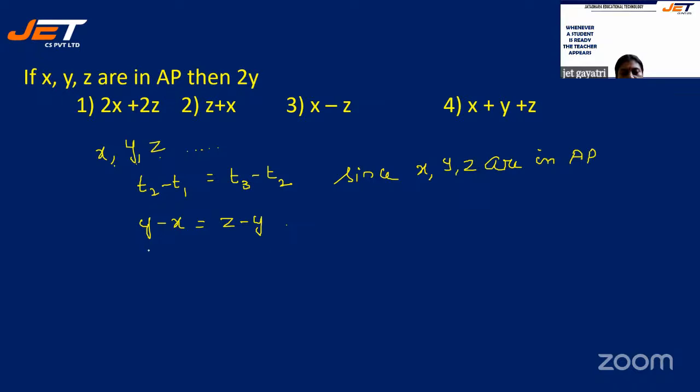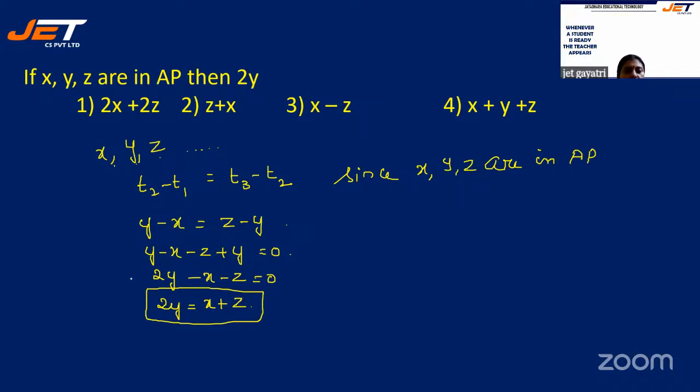Now bring this to one place. y minus x minus z plus y is equal to 0. So you have 2y minus x minus z. So 2y is equal to, when this minus x minus z goes to the other side, it becomes x plus z. Therefore, what is 2y? They are asking us to find only 2y. So 2y is x plus z.